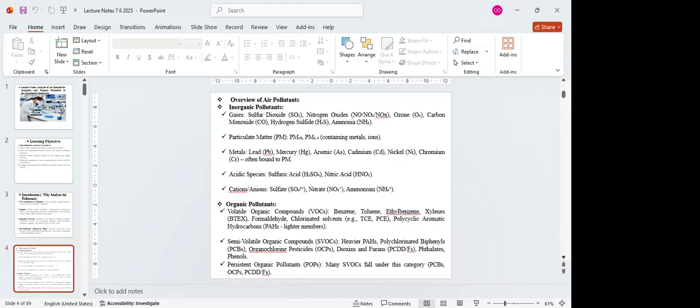Now, the other one is the organic pollutants. These organic pollutants come in the form of volatile organic compounds, VOCs. Examples are benzene, toluene, ethylbenzene, xylenes, and formaldehyde.